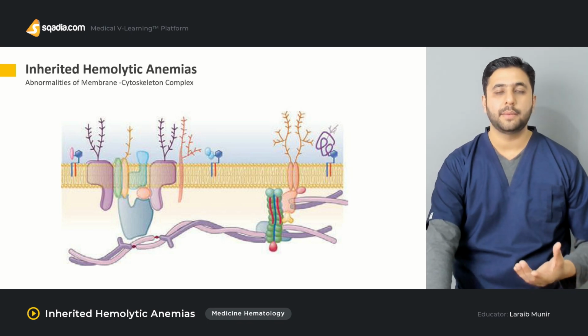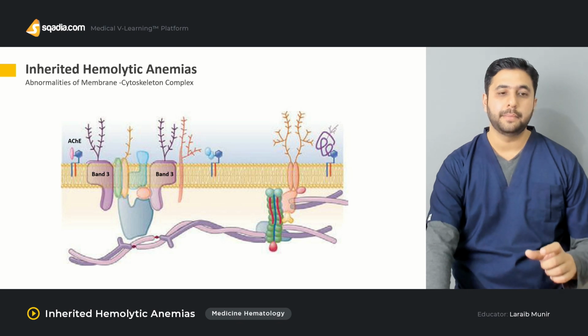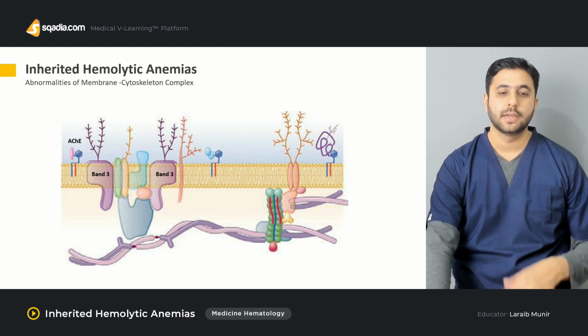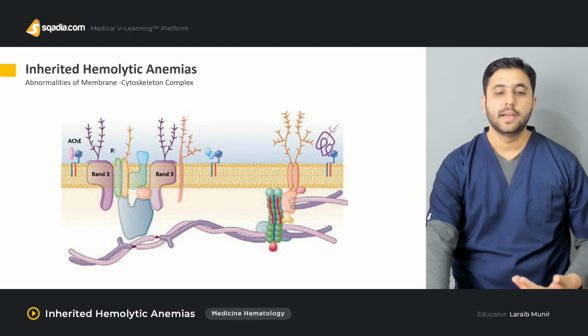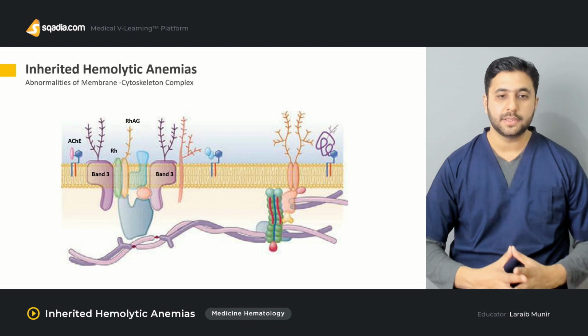The important ones I'm going to highlight here are the ones relevant to the hemolytic anemias. The most abundant protein in the lipid bilayer is band-3 protein, and these band-3 proteins interact with the cytoskeletal membrane inside the cells. The cytoskeleton is the major structure which maintains the integrity of the RBCs.